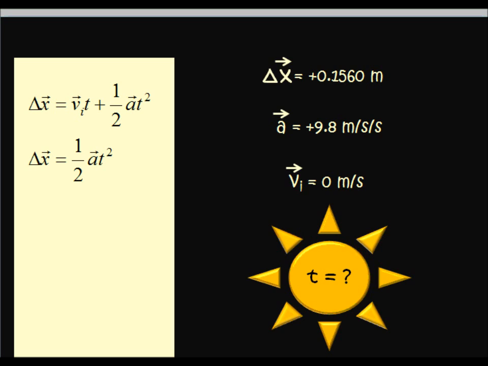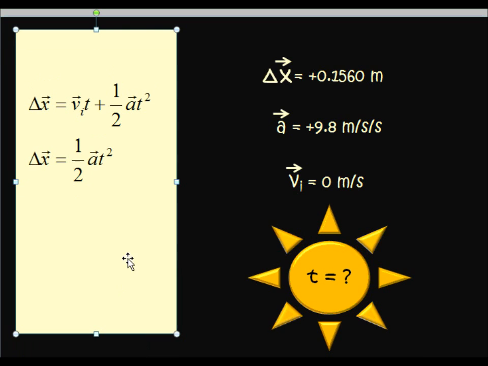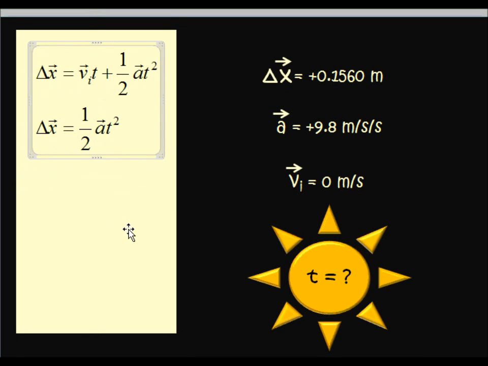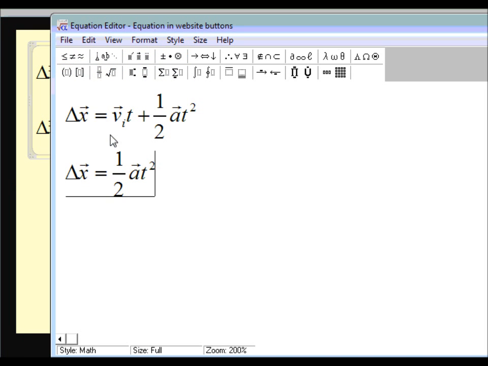Now, before I start plugging in values for the variables, I will solve for whichever variable it is that we are looking for. And in this case, we're looking for time. So we're going to go ahead and solve for time. Okay, to solve for time, we will first multiply both sides of our equation by the inverse of 1/2, which is just 2.